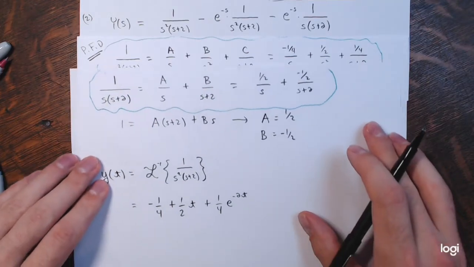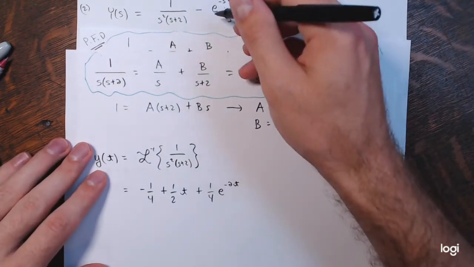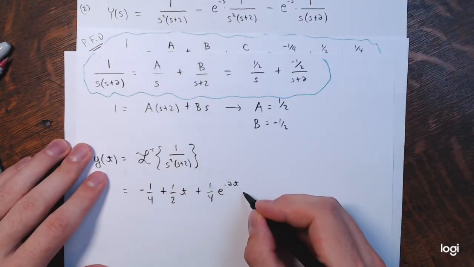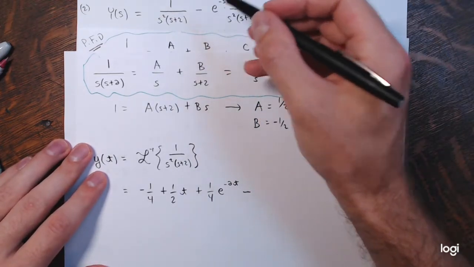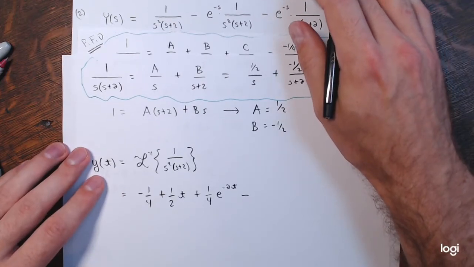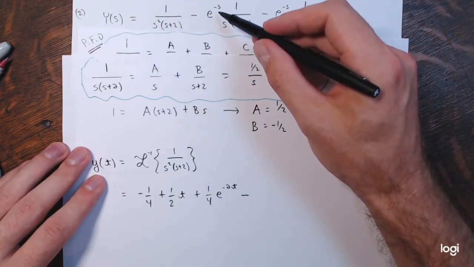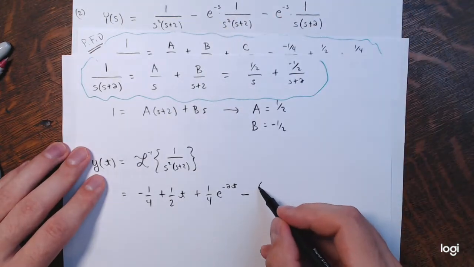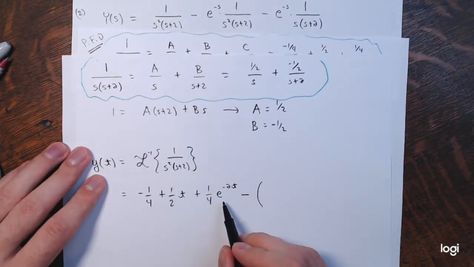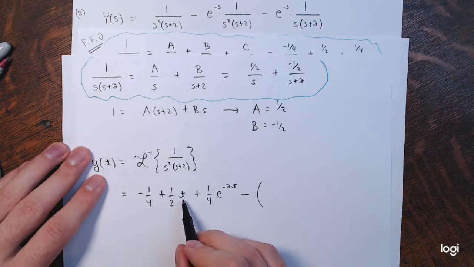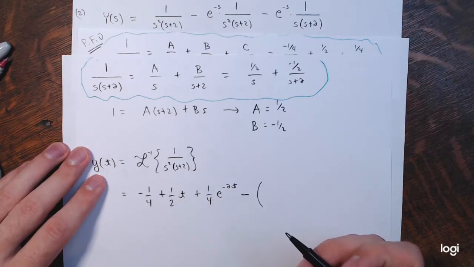So this is what I mean. The second part is minus, and then this e to the negative s times 1 over s squared times s plus 2, the inverse Laplace transform of this would be the following. It would be this function, but with t minus 1 instead of t. So let me show you.